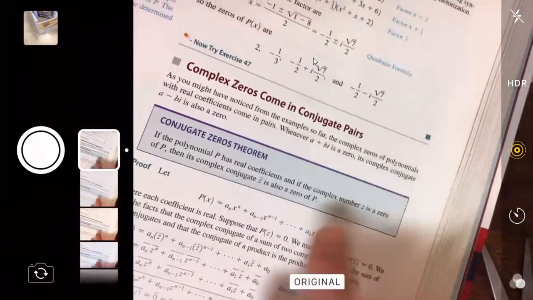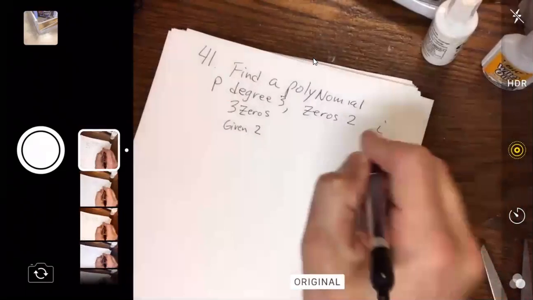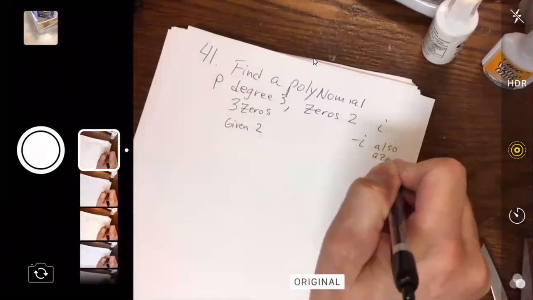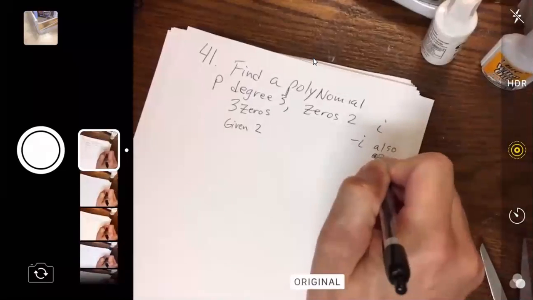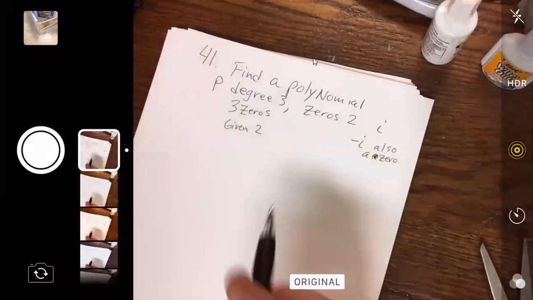This complex conjugate is the switch of the sign. In other words, for this one, minus i is also a 0. And they assume you know that, and therefore only feel obligated to give you 2 of them.